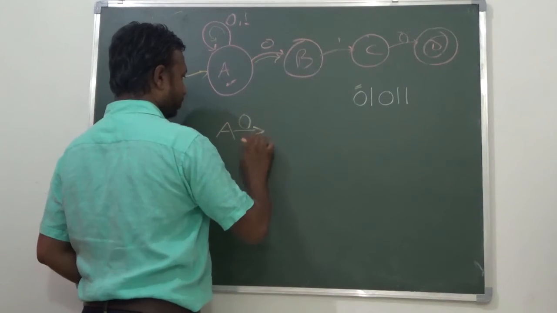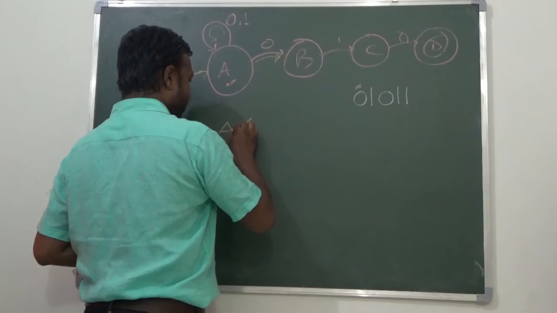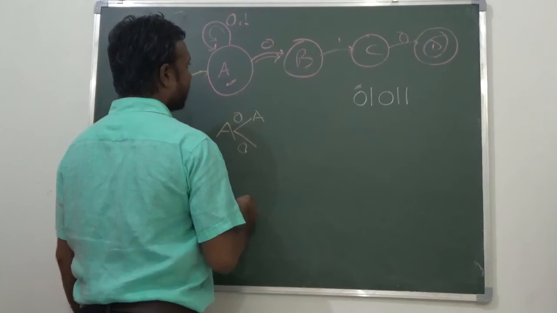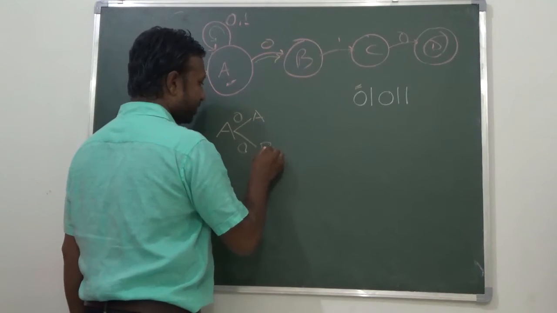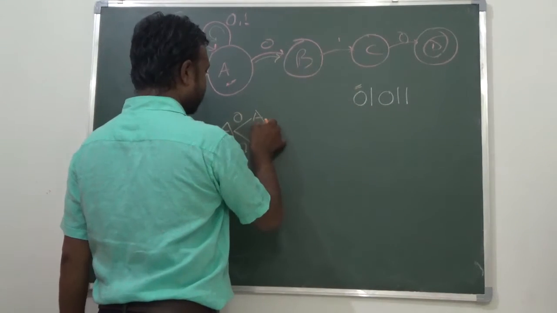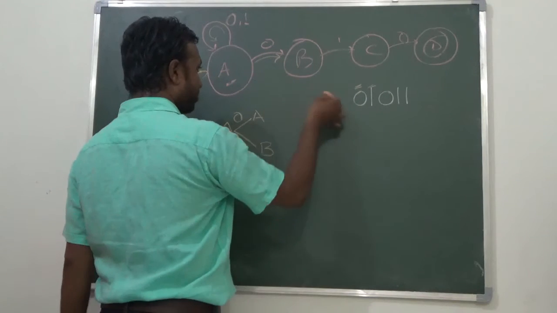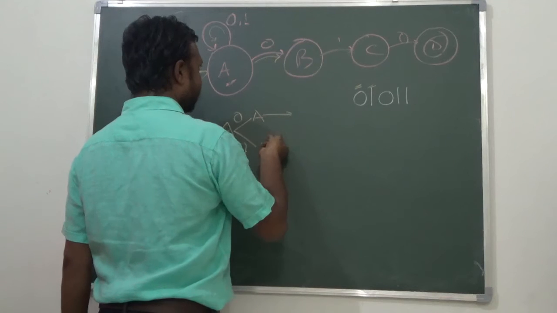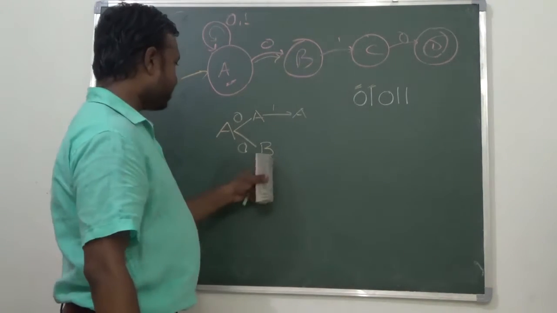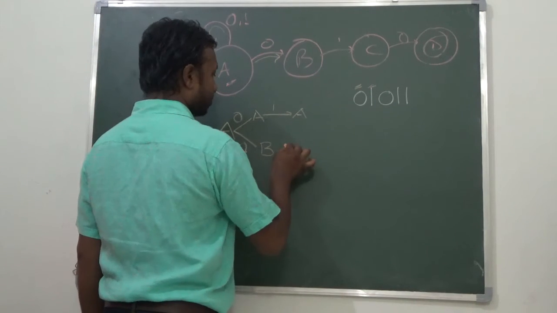So we have two possibilities: on 0, either we stay at A, or the machine may move to the state B. Now if the machine decides to stay in A, then the next symbol which the machine is going to process is 1, and then there is no choice, the machine needs to stay in A. But if the machine decides to move to B, then it will go to the state C.